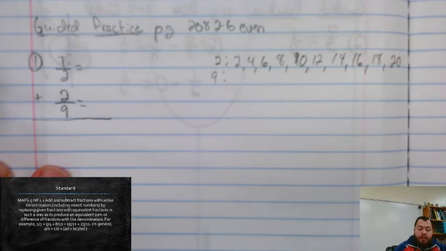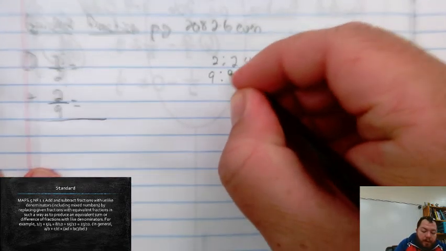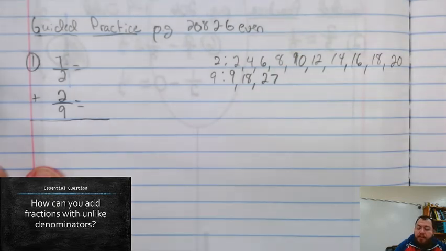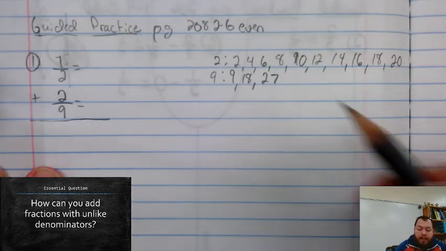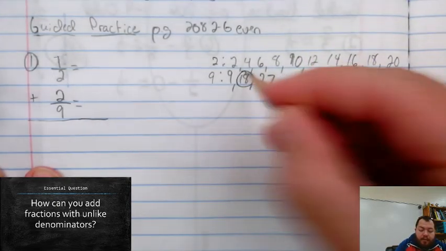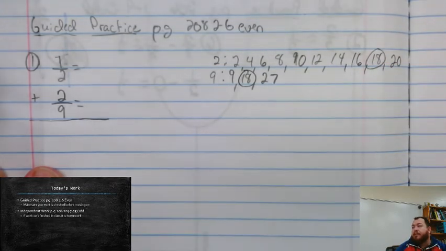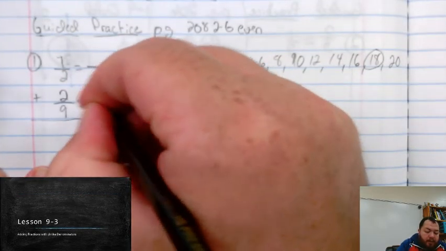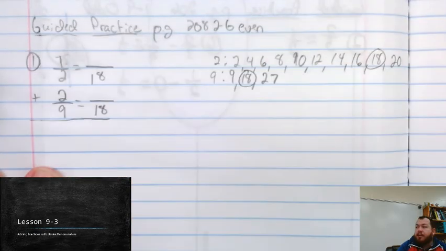Okay? Then I'm going to do 9, 18, 27. So now I can automatically see that 18 and 18 is going to be the least common multiple. So right here, I need to put 1/2 equals something over 18, 2/9 equals something over 18.